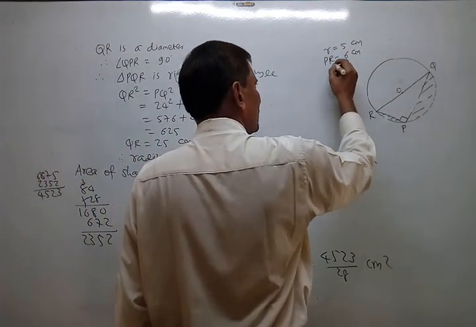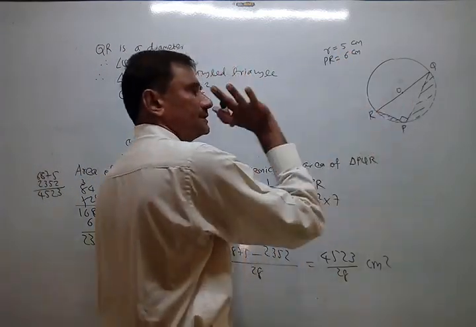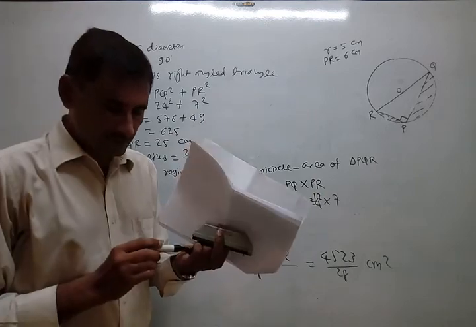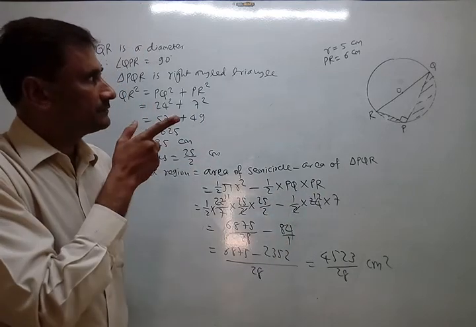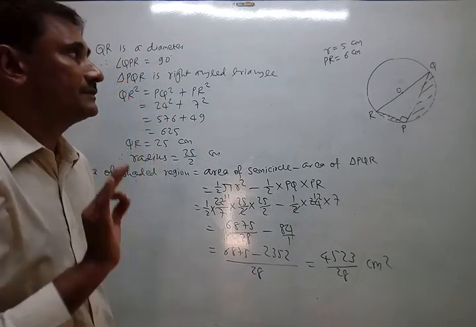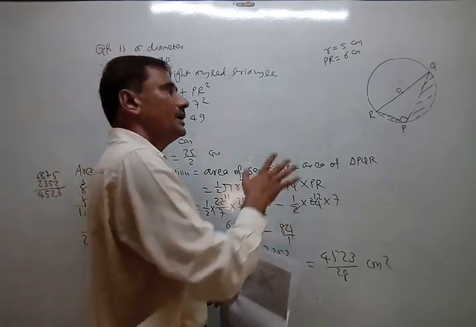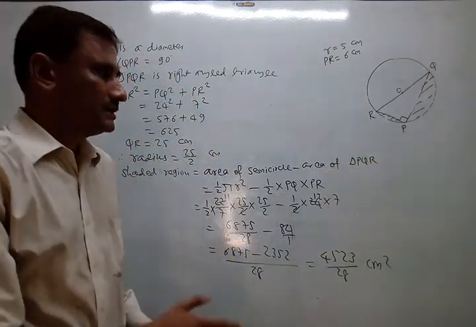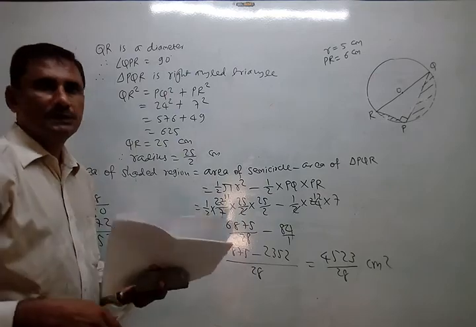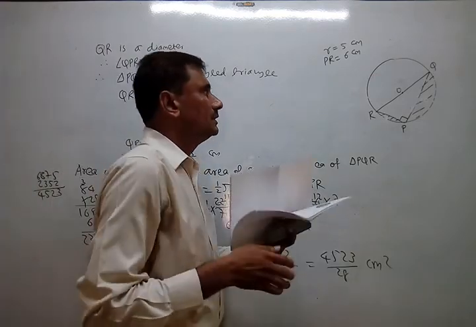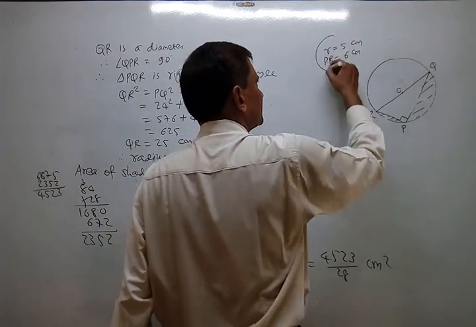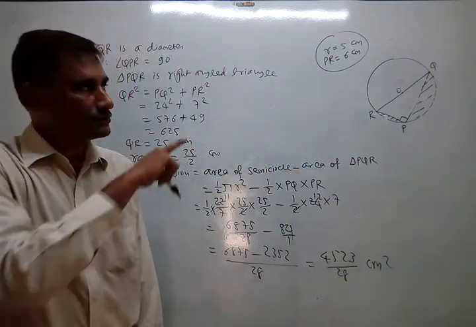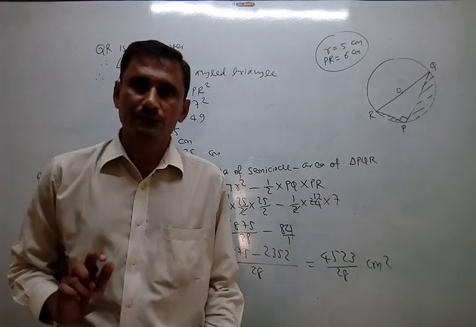Now you have to find the area of the shaded region. Understand? Question number 1 as it is, only measurements are different. Radius given 5, PR given 6, nothing else is given. Then you have to find the shaded region. The figure is the same, and the measurements should be taken from here only, not from the textbook. Okay? Thank you.